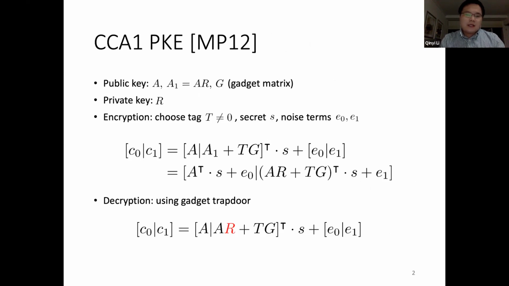The public key consists of three matrices in that scheme: A, A1, and G. And the private key is the low-norm matrix R. To encrypt, the idea is that you have a tag and construct an LWE type of ciphertext, and to decrypt, we can use the Micciancio-Peikert gadget trapdoor to recover the LWE secret or noise.